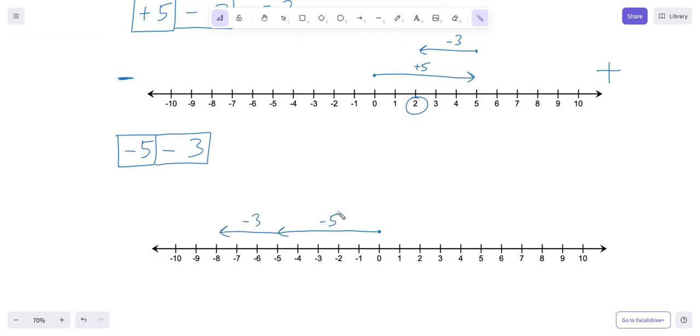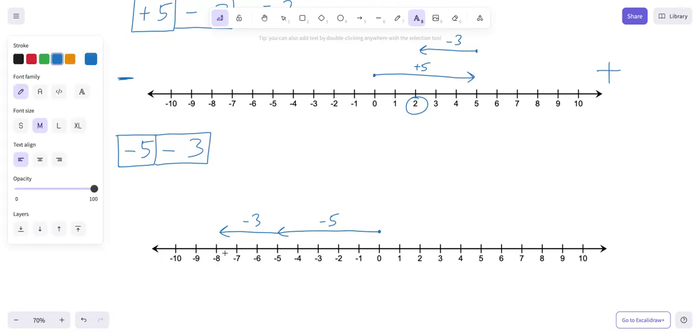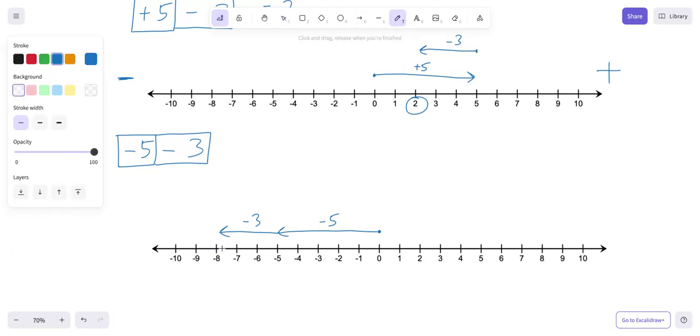Notice how they're in the same direction because they're both negatives. Right here we have opposites, so we have to subtract. Here they're both going left, both going negative, so I end up adding. -5 minus 3 is really adding them together to get -8. So I get negative 8.